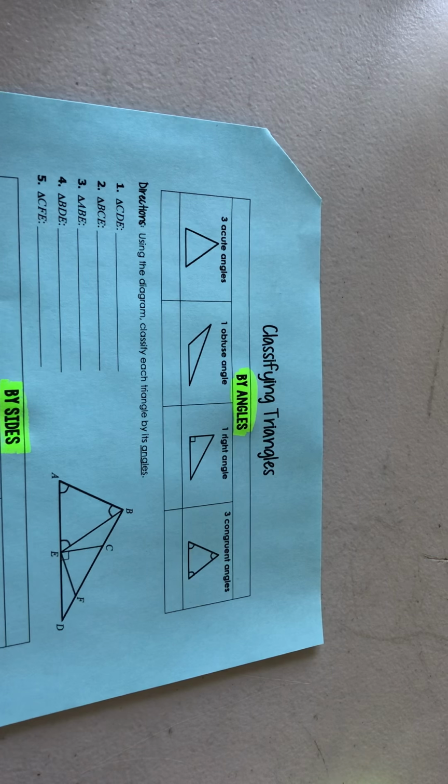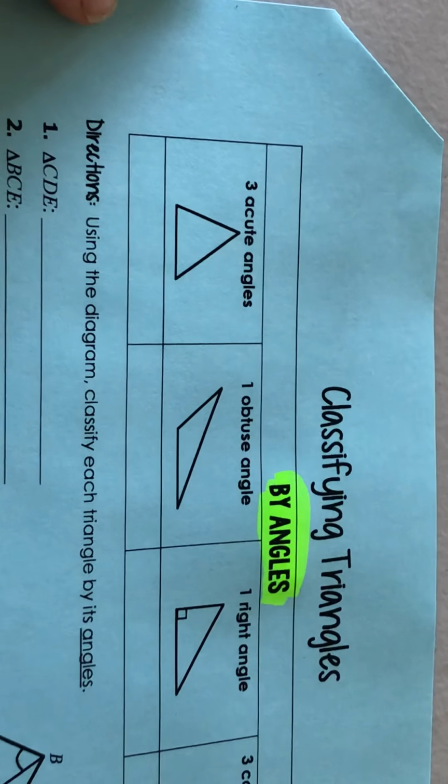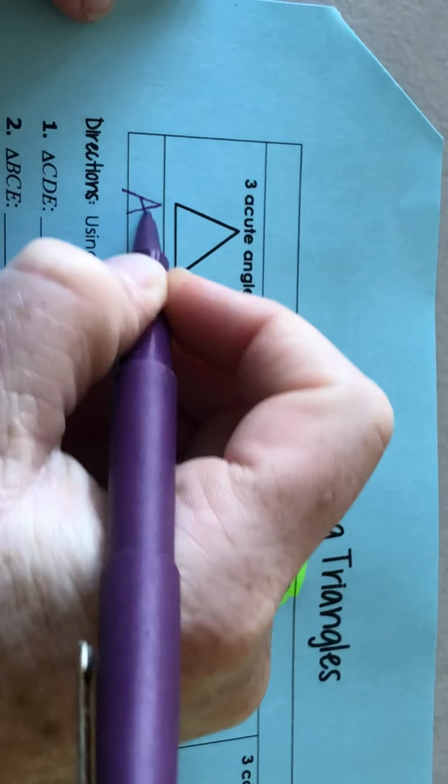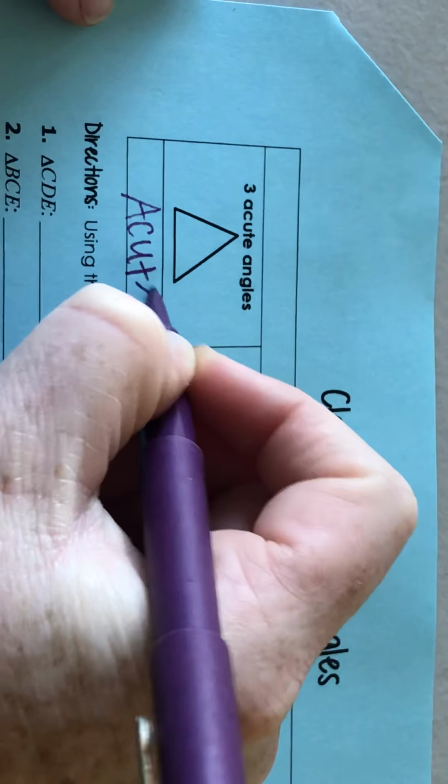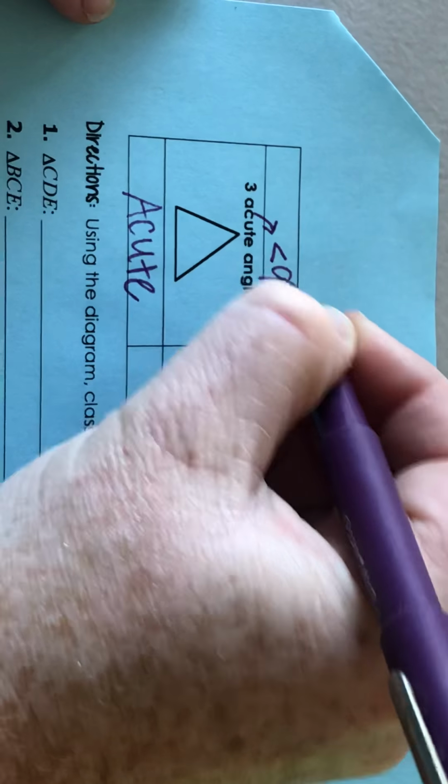When we're classifying by angles, if you have a triangle with 3 acute angles, that is called an acute triangle. And remember, acute means less than 90 degrees.